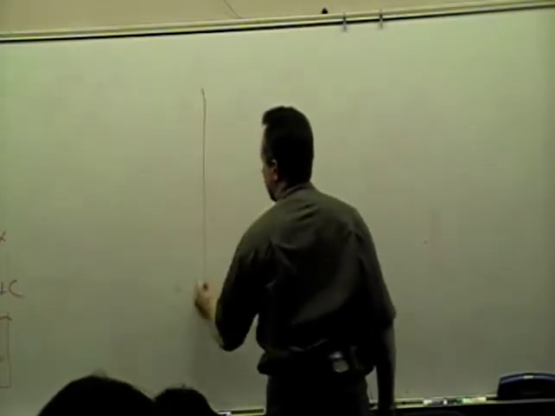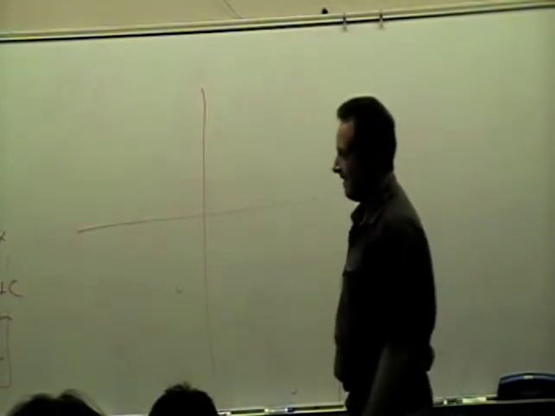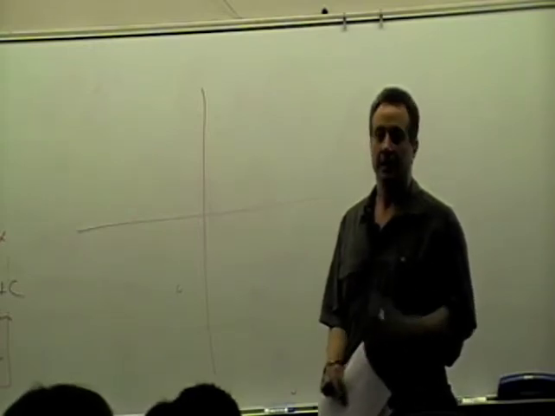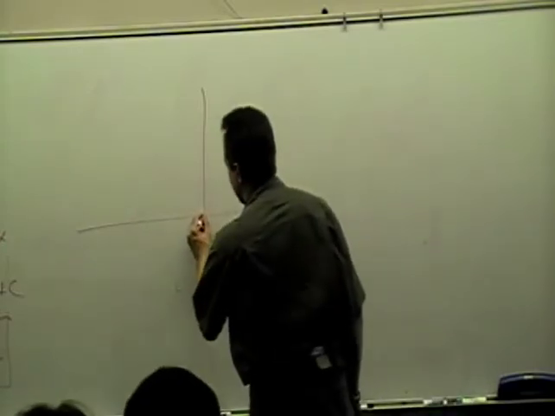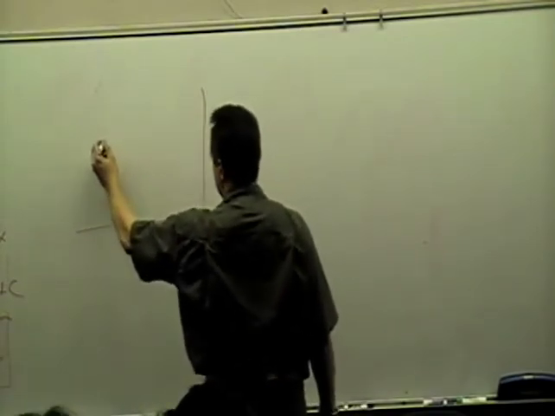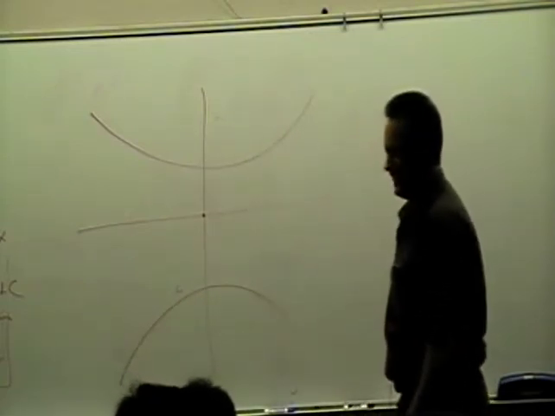How do those hyperbolas look? Where's the center of that hyperbola? Good. Origin. Depending on the value of c, these will be hyperbolas like this. Could they be like that?